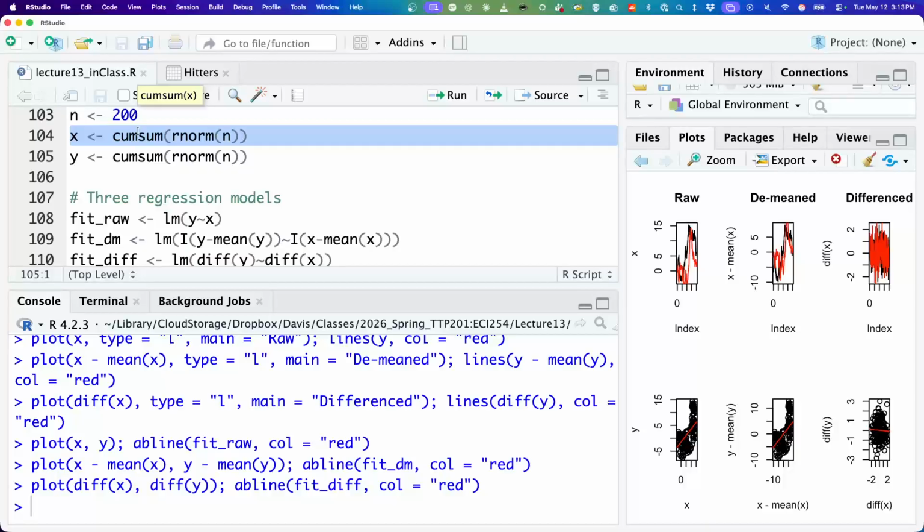And the differencing is what eliminates that relationship. Once you do that, the stationarity applied in the differences allows us to better understand the relationship between x and y, which we know to be non-existent. Okay?